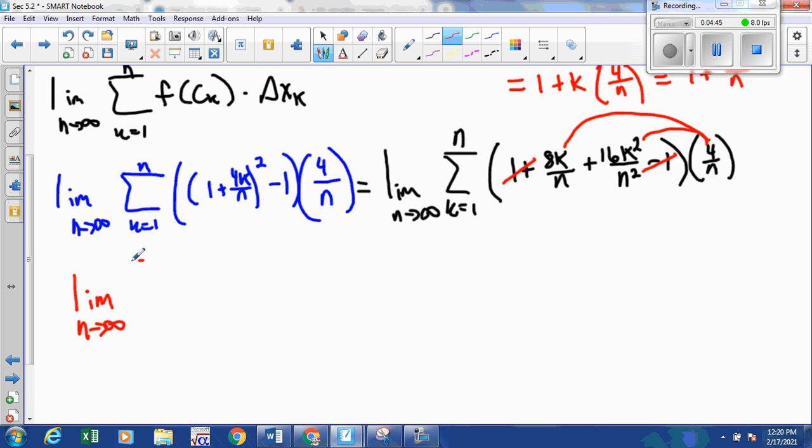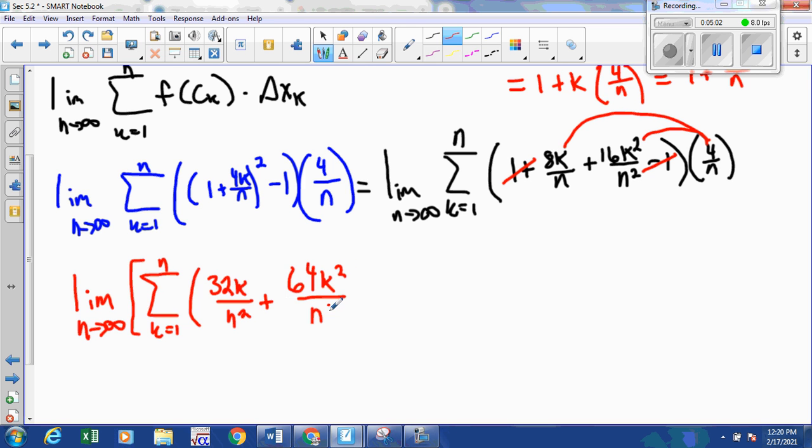If we simplify this, we will break it into two parts. Once we distribute that through, we will have 32k over n squared plus 64k squared over n cubed. Now, we can distribute that further.